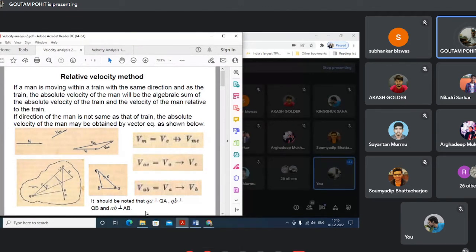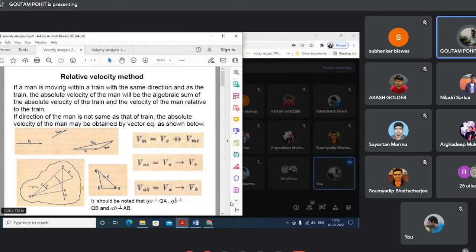Now, what do we mean by the relative velocity of A with respect to C? It means that if somebody is sitting on the point C, what he will see as the velocity of A. It will be shorter than the absolute velocity of A. And what is the absolute velocity of A?